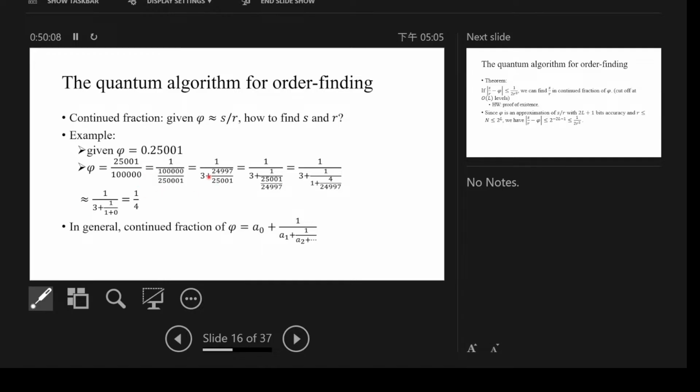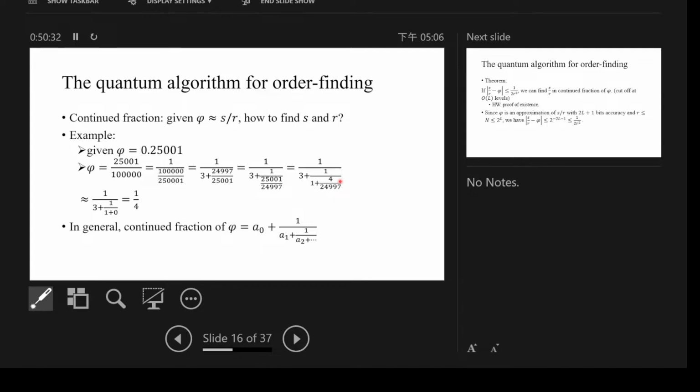This is 3 plus this weird number, 24997 divided by 25001. Then we flip this fraction part again, and it's 1 over 25001 over 24997, which is now 1 plus 4 over 24997.